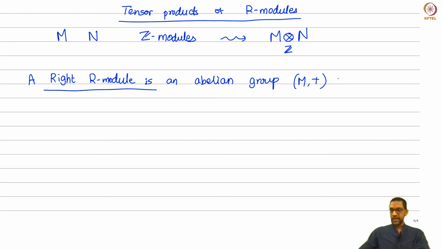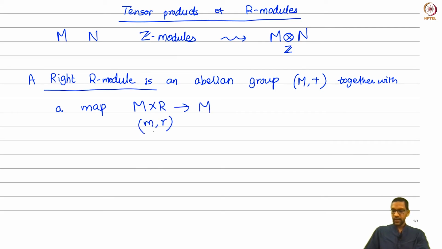together with a right multiplication, a map M cross R to M, which we will write like this: (m, r) maps to m·r.